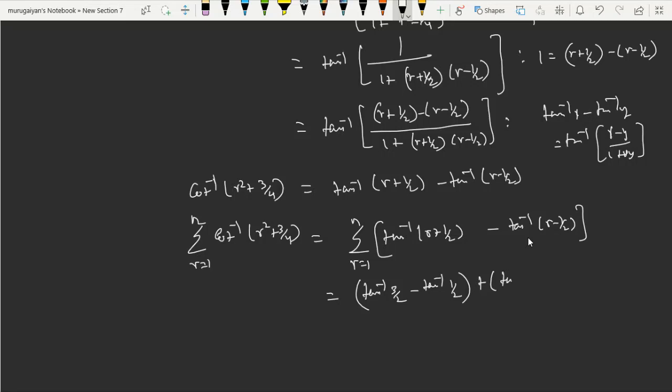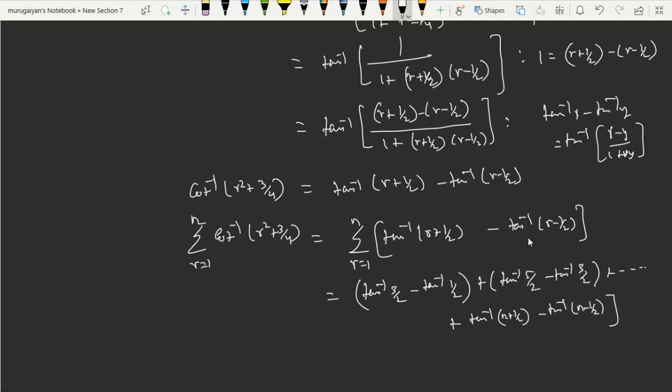R equal to 2 means 2 into 2, 4, 4 plus 1, tan inverse of 5 by 2, minus tan inverse of 2 into 2, 4, 4 minus 1, 3 by 2. So this pattern continues. Nth term: tan inverse of n plus 1 by 2 minus tan inverse of n minus 1 by 2.